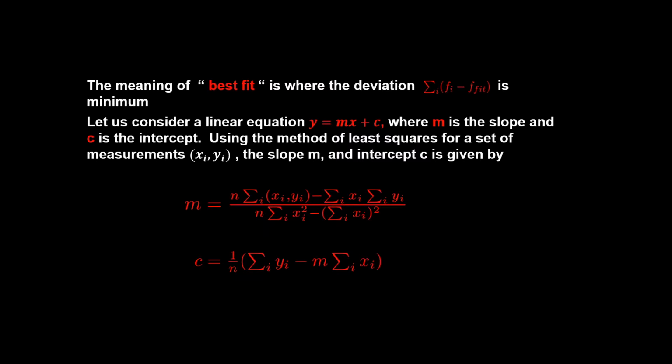For the purpose of this video, I would like to emphasize the following things. The slope m is given by this expression, where n is the number of data points, and xi and yi are the individual data for the x column and the y column respectively. The slope is given by this quantity, and the intercept is given by this quantity.